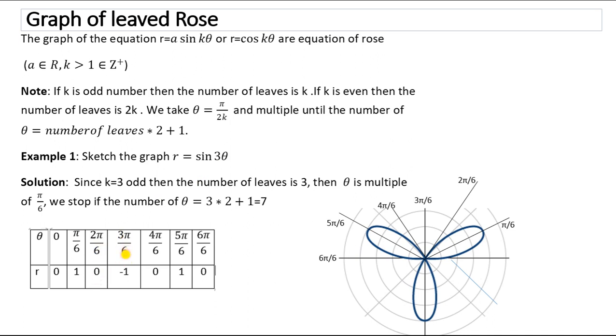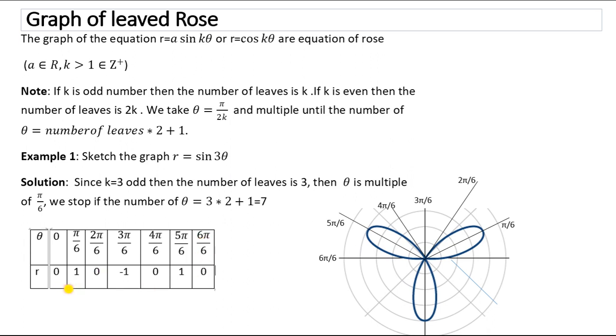If theta equals 3 pi over 6 multiplied by 3, I have sine of 3 pi over 2, which is minus 1. If theta equals 4 pi over 6 multiplied by 3, I have 0. If theta equals 5 pi over 6 multiplied by 3, I have 1. If theta equals 6 pi over 6 multiplied by 3, I have sine 3 pi equals 0.